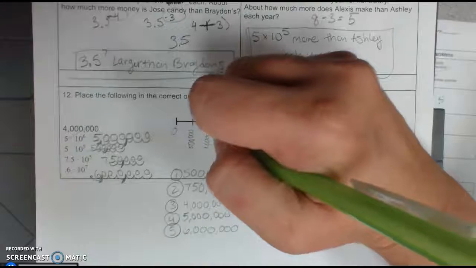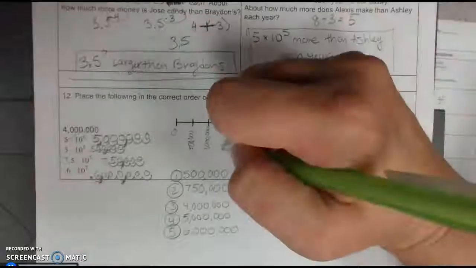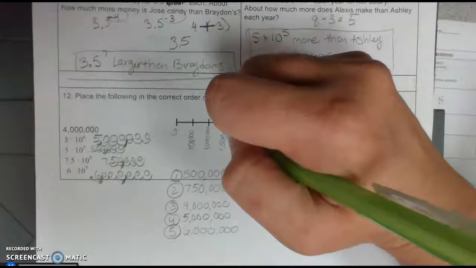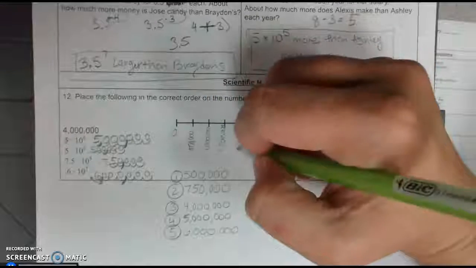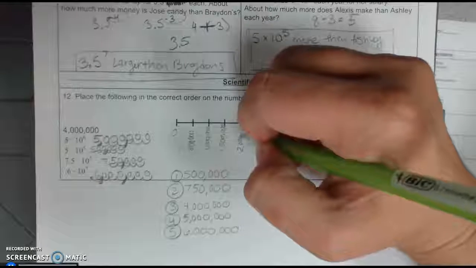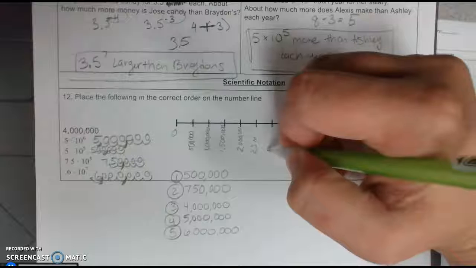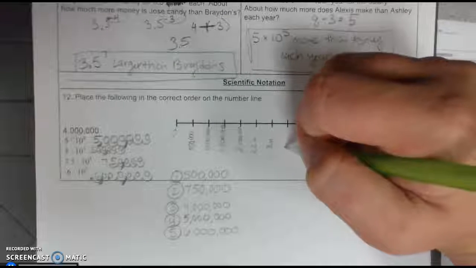The next one is going to be 1 million, and then I have 1.5 million, 2 million, and then 2.5 million.